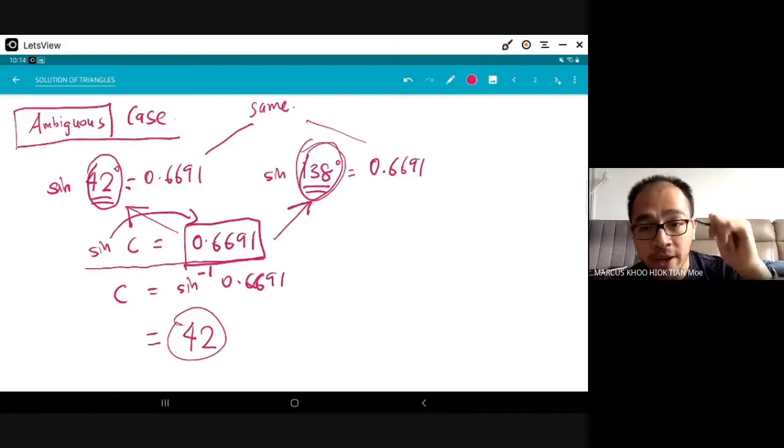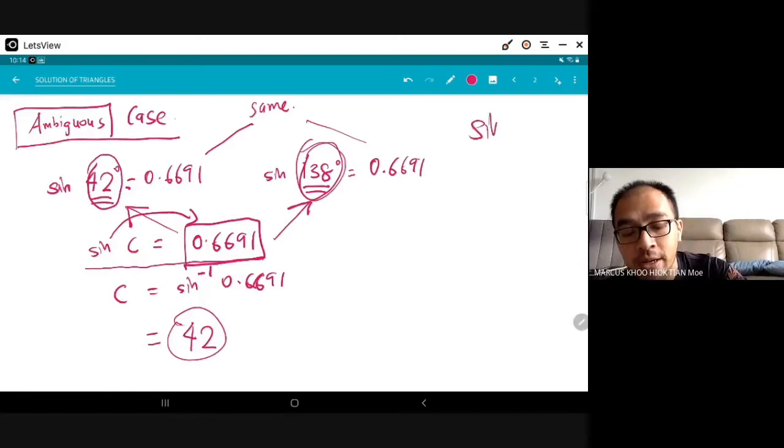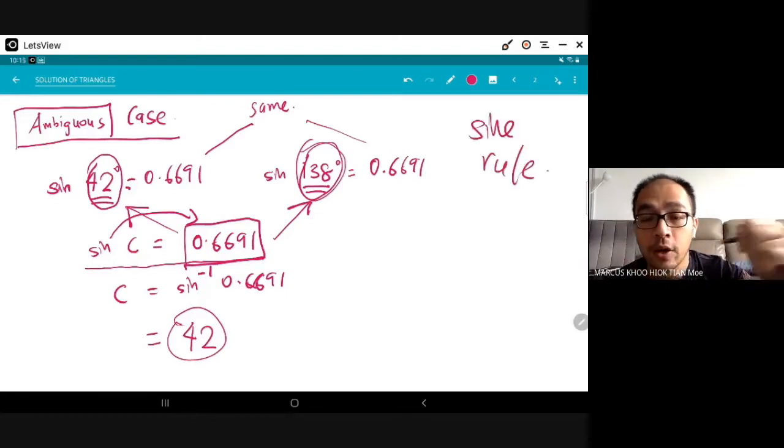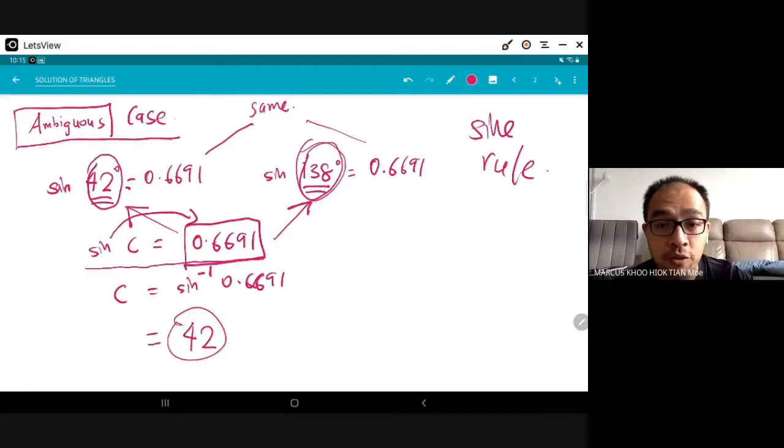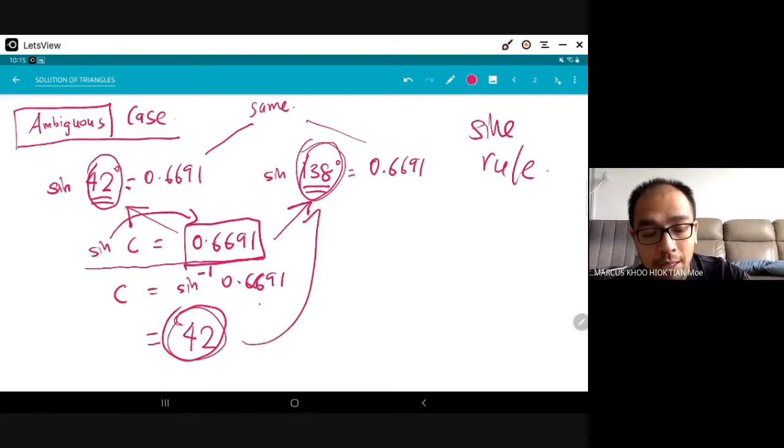This is very special. This is only for sine rule. Only when you do an equation that involves sine rule, you need to double check and think, when I do the shift sine, am I supposed to take the angle that is given in the calculator, or is there an extra calculation that will give me this 138 degrees?